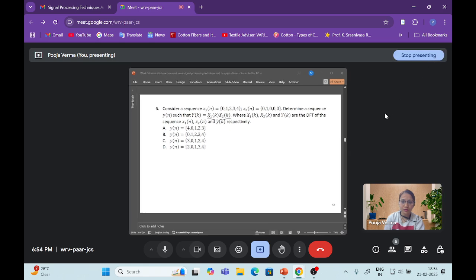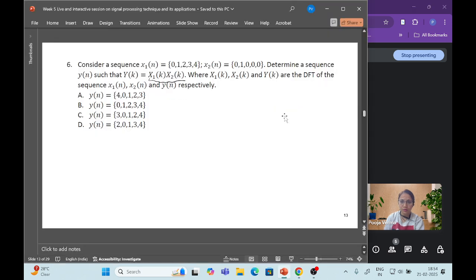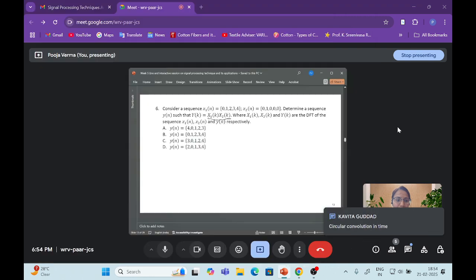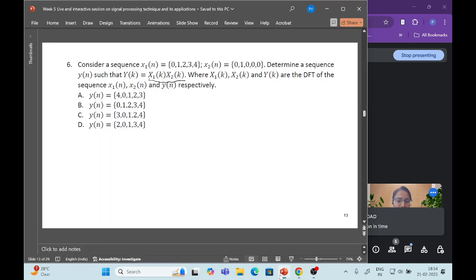First of all, we can take the values of X1(k) and then X2(k). If you multiply both, we obtain the value and then take the inverse Fourier transform to get y(n).